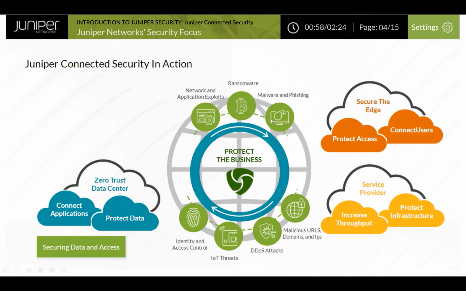Consider the different steps. Say you run a business, maybe a financial organization, I take the example of a financial organization. This organization has its data center, and the data center has some applications, and they have some edge that connects with the internet service provider, and this portion is the service provider infrastructure.